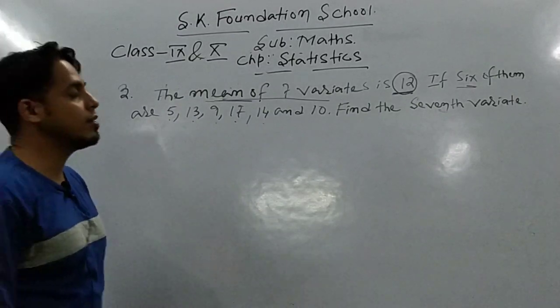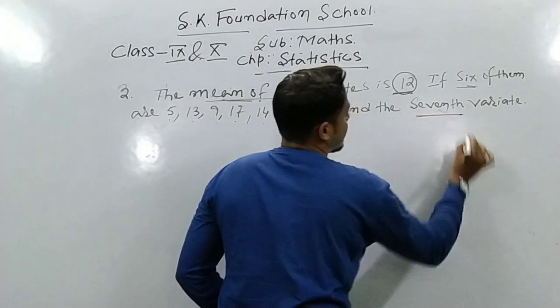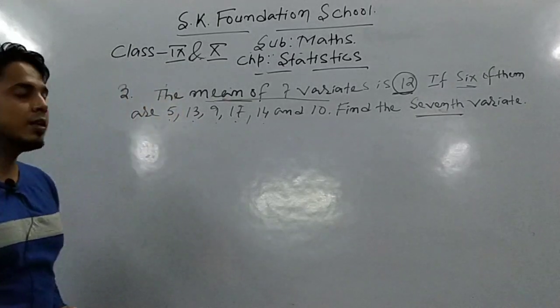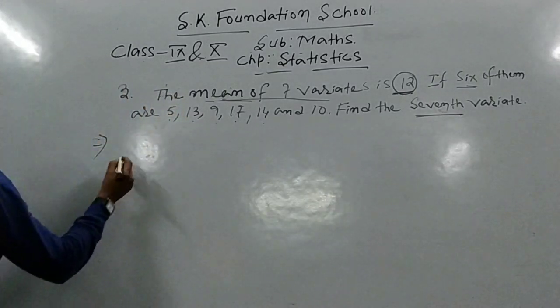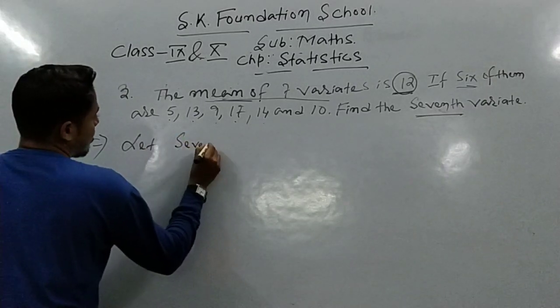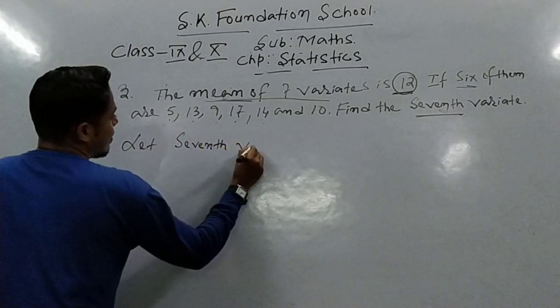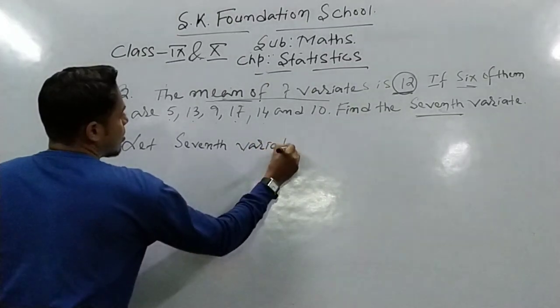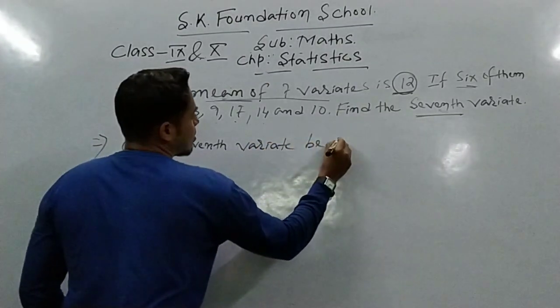Now we are going to find the 7th variate, that means one number is missing. So first we let the 7th variate be x.